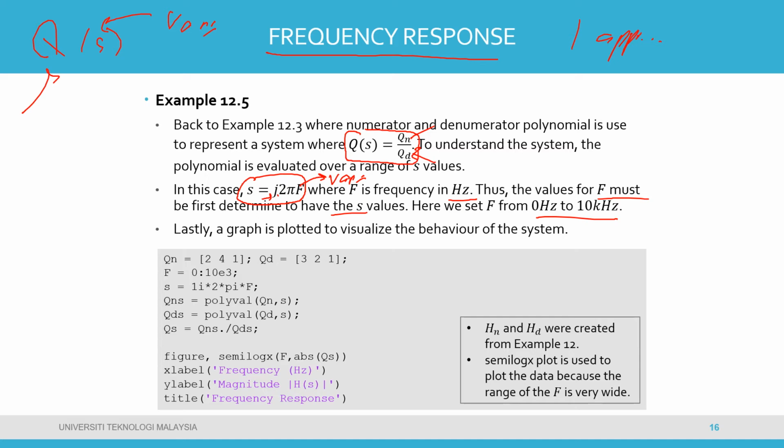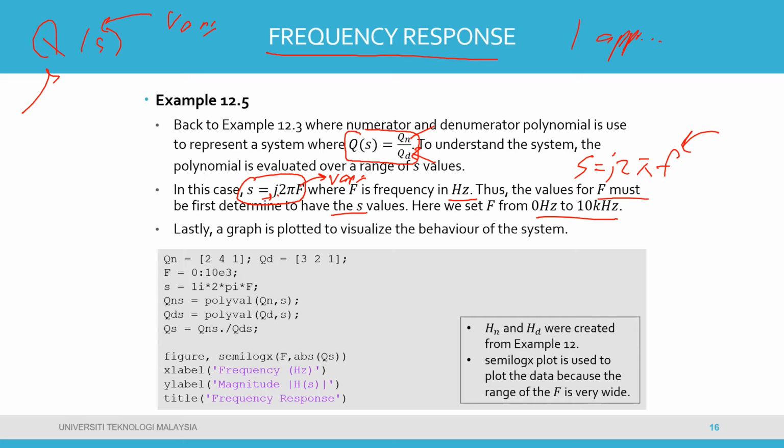That is how you analyze the frequency response. From the frequency response, you can know whether the system is stable, unstable, or partially stable. So make sure you know this: s is equal to j 2 pi f, and the frequency is varied.